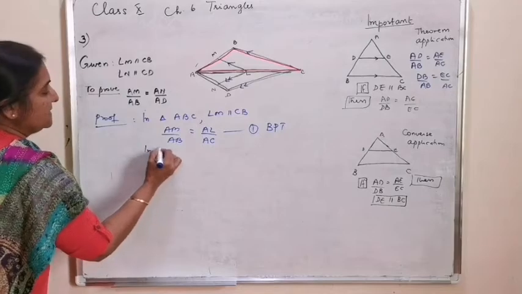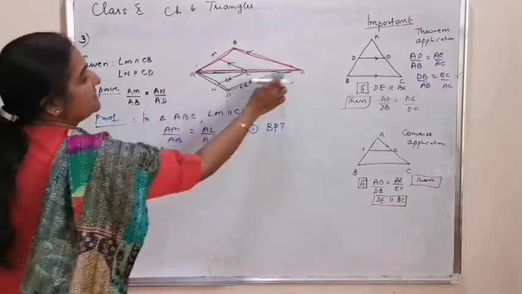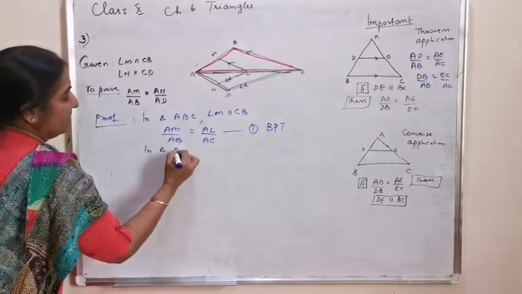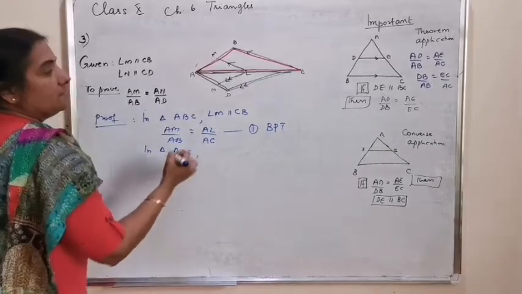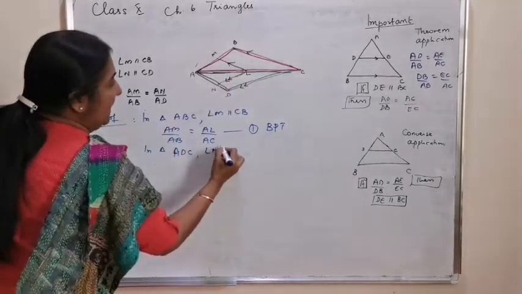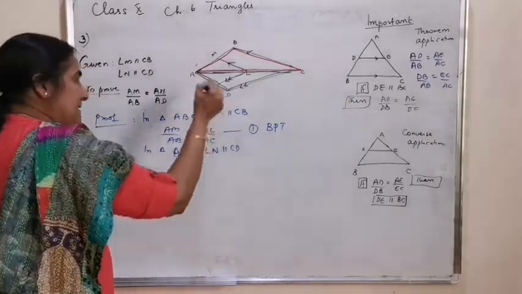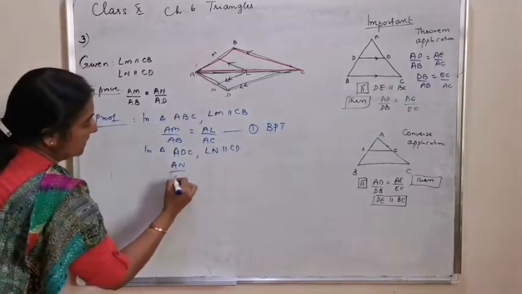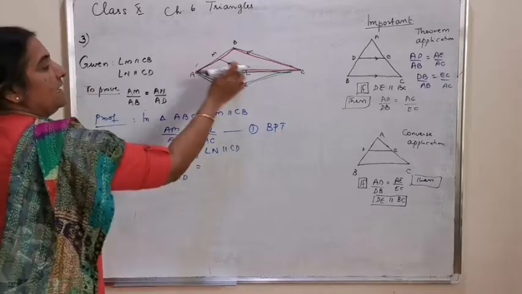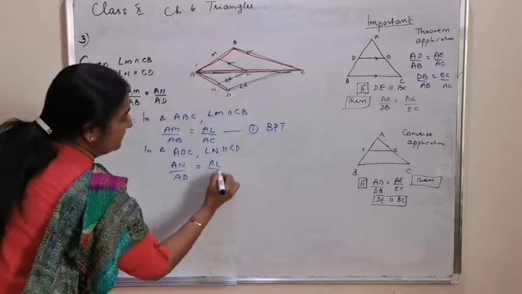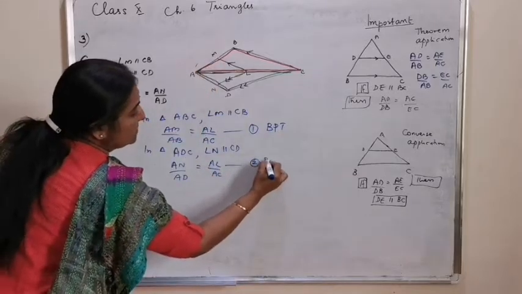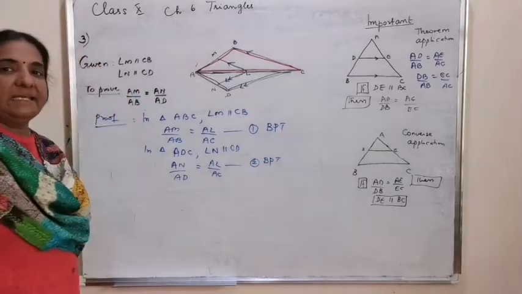Now the triangle is triangle ADC. The lines parallel are LN parallel to CD, so AN by AD is the same as AL by AC. Equation number 2, the same basic proportionality theorem.